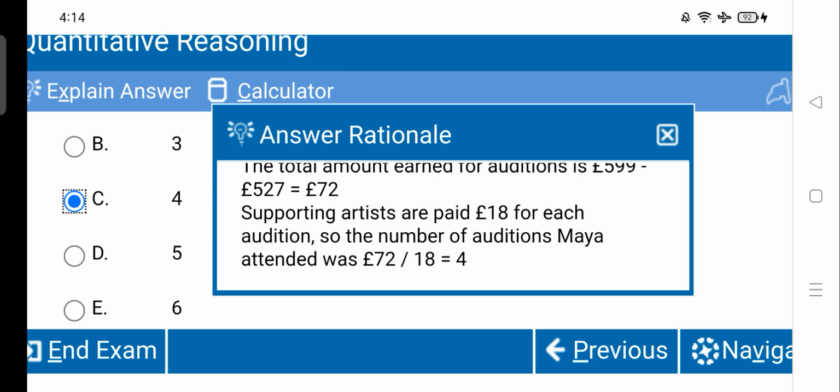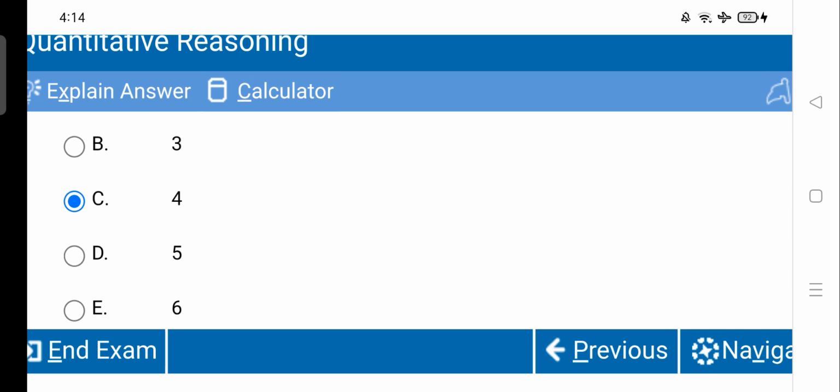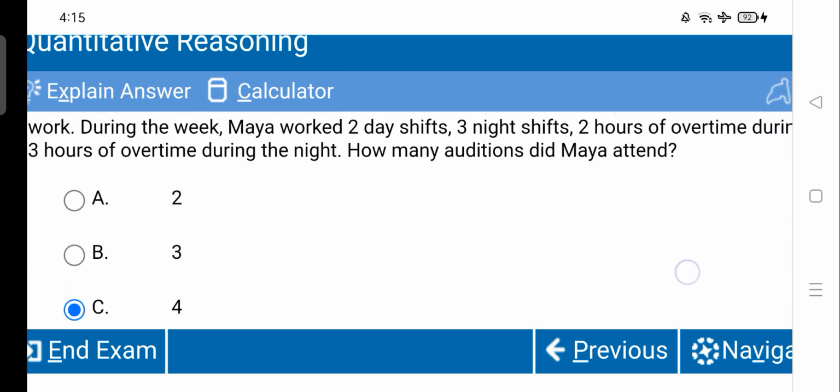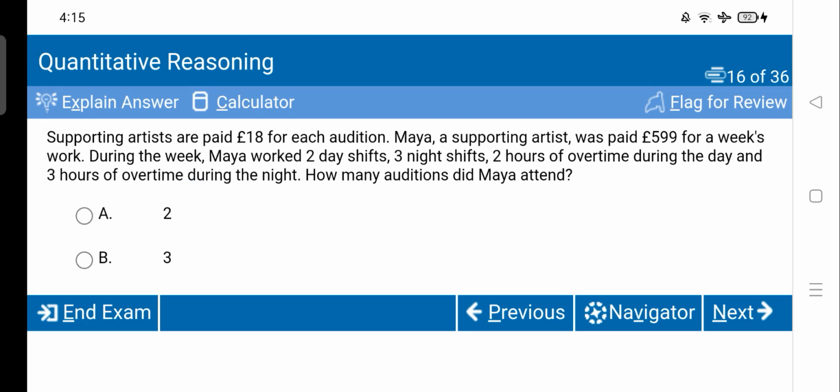So the number of auditions Maya attended was 72 pounds divided by 18 equals 4. So that's how we can say option C is the correct option. That is 4 auditions Maya attended.